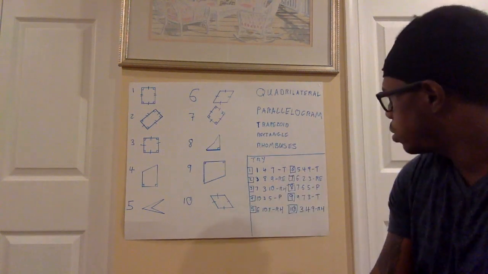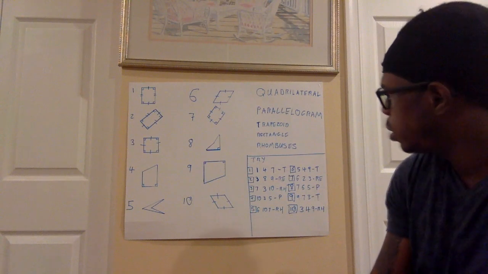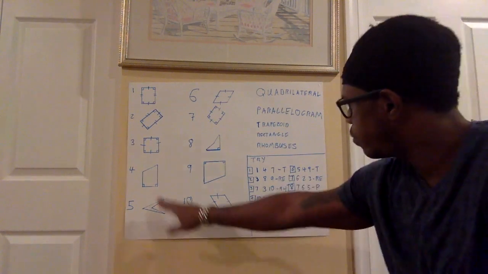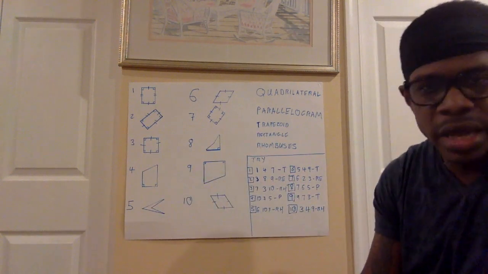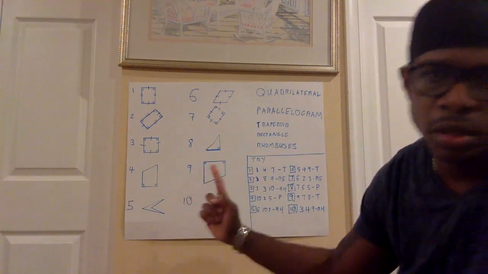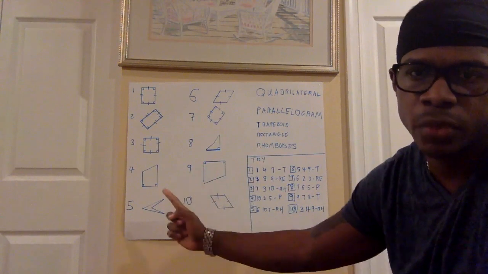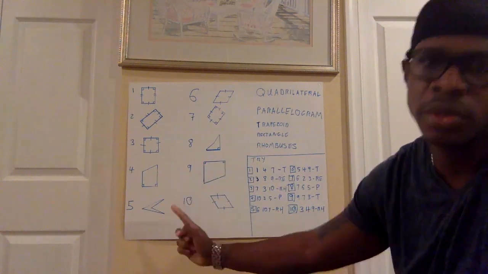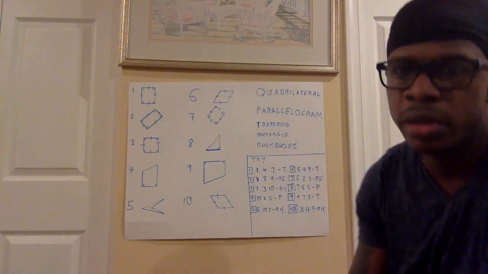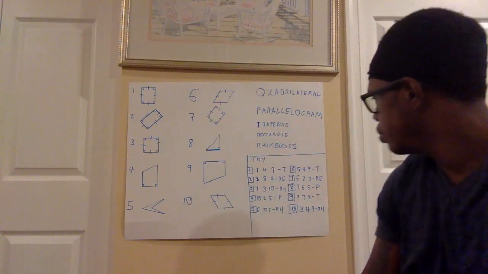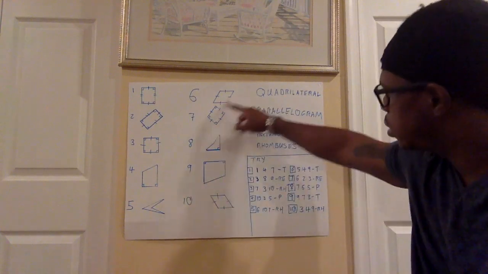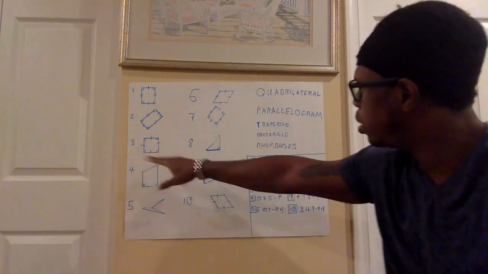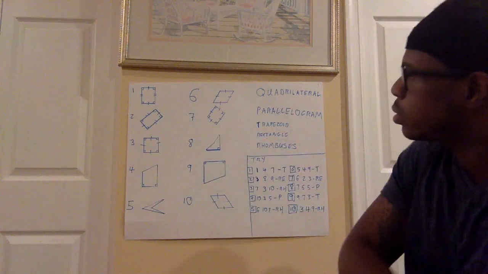Number 6, we're looking for a trapezoid. We have 5, 4, and 9. The answer you should have should be 9 and 4. These 2 are trapezoids because they have one pair of parallel sides each. Number 7, we're looking at 6, 2, and 3, and we're looking for rectangles.